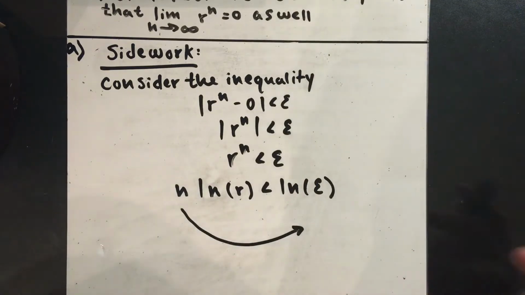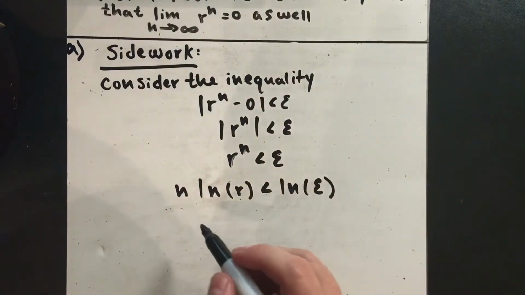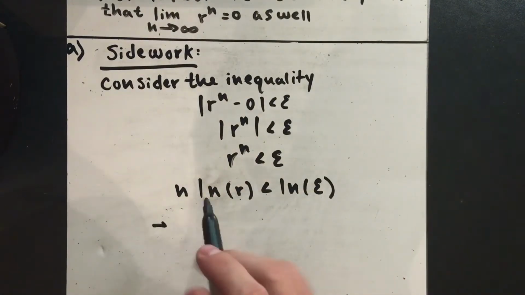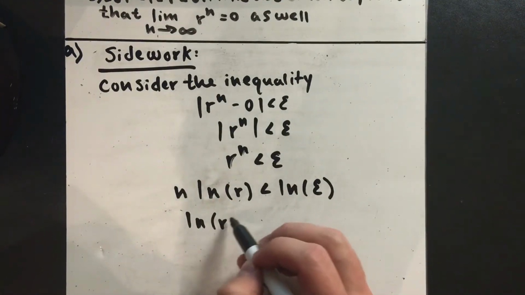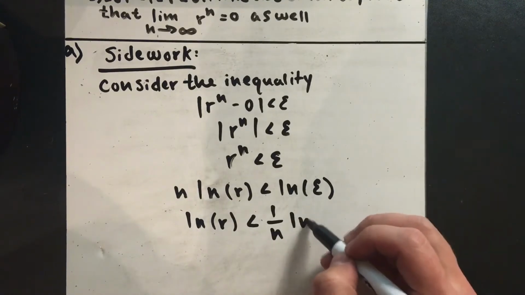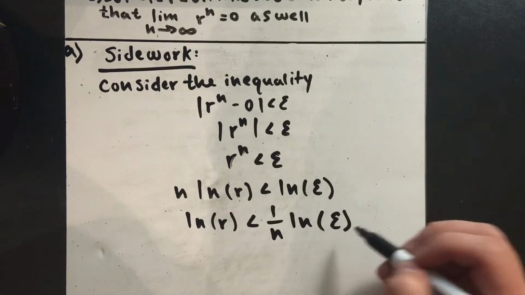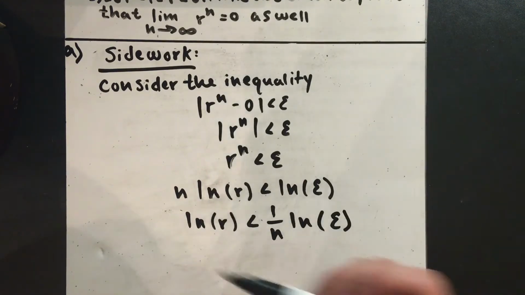And to do this, we will divide both sides by 1 over n. And we can bring over this ln of epsilon to the left-hand side.